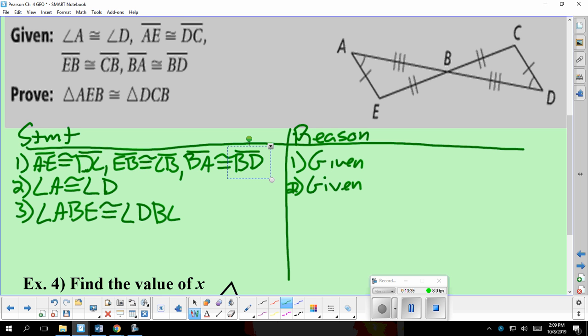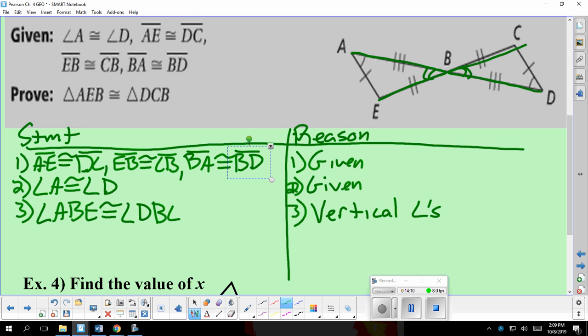So, Louis, how do I know that angle ABE is congruent to angle DBC? Because all the lines agree. ABE, DBC, what type of angles are these? Vertical angles, right? Whenever we see that X in a figure, we're always going to use vertical angles. So we have vertical angles here.